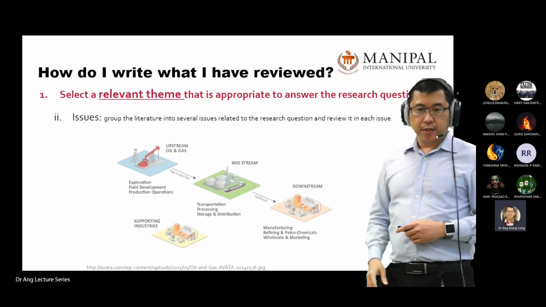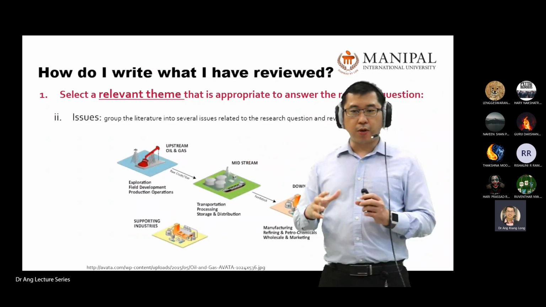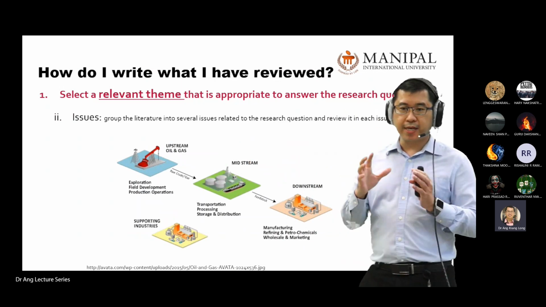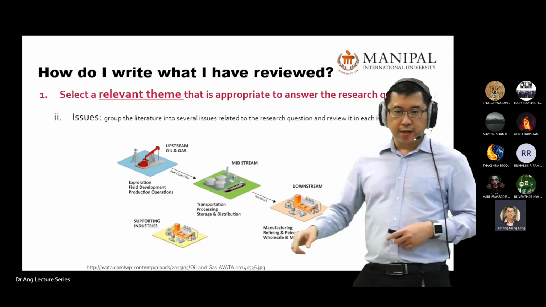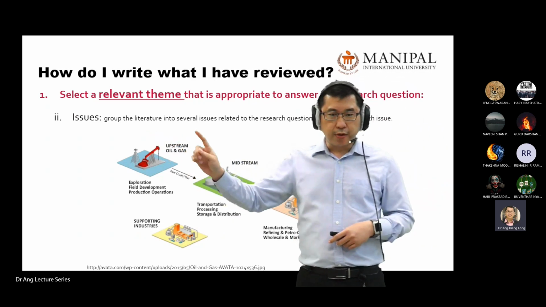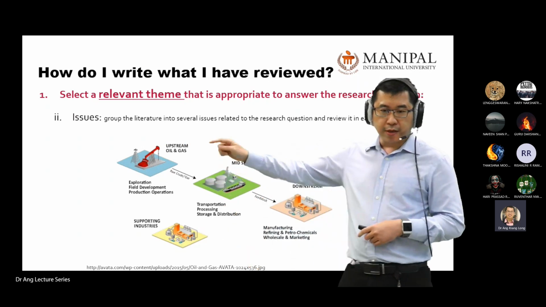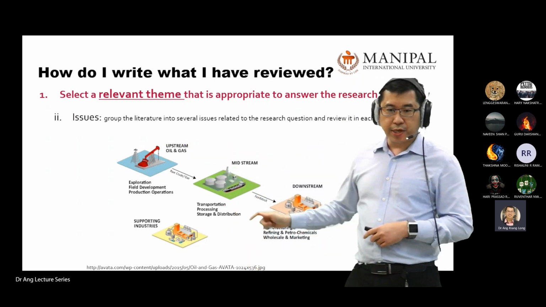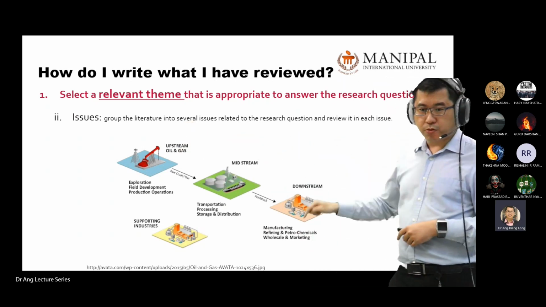Second, you can group your review paper based on issues or subtopics or sub-focus, meaning a focus area. For example, issues, you can group based on several big issues. So if you're doing the oil and gas industry, you can discuss something from upstream, midstream, and downstream.